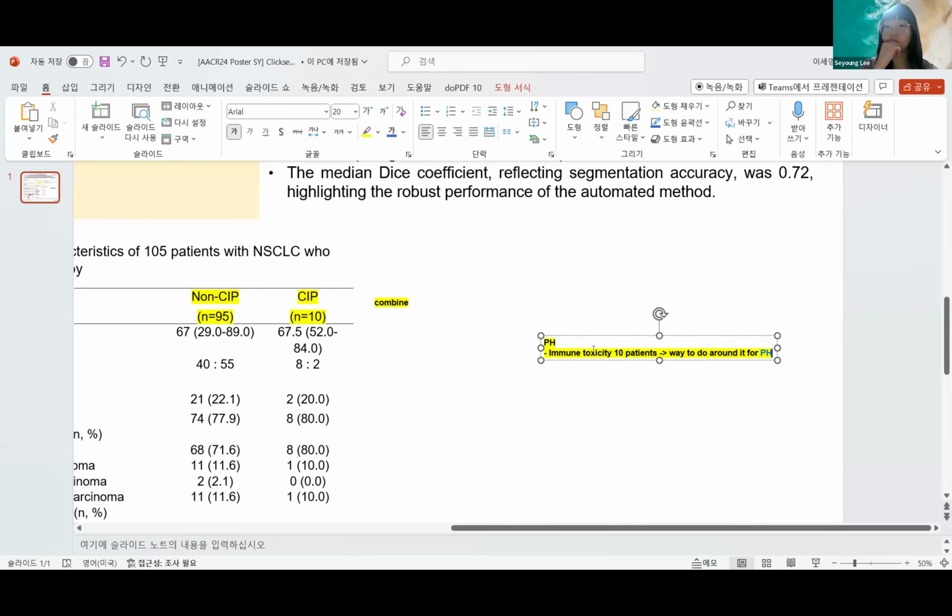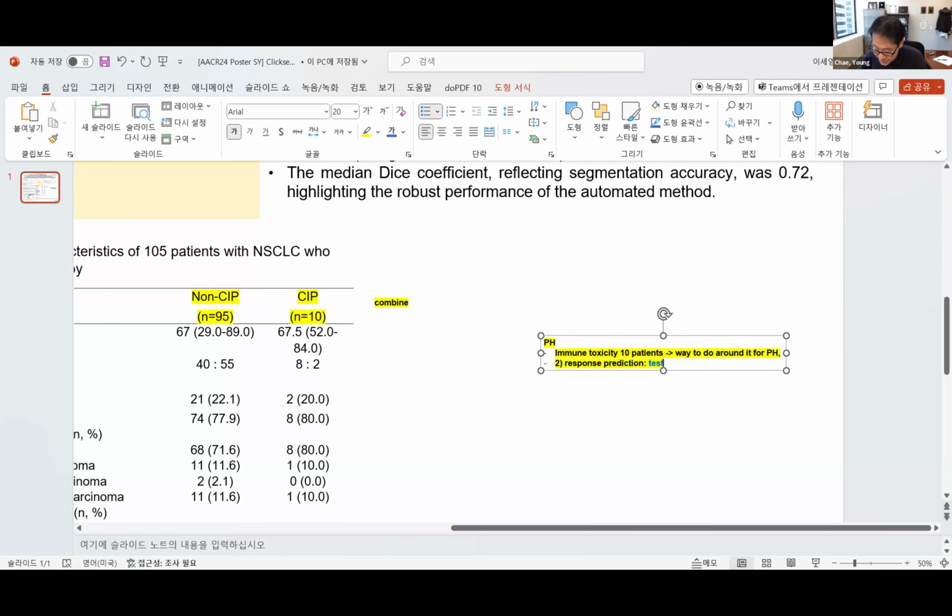So what I'm saying is immune tox could be a little challenging, but if they are open to it, why not? Number one. Number two, response prediction. I think it's doable to do testing and validation for modeling.